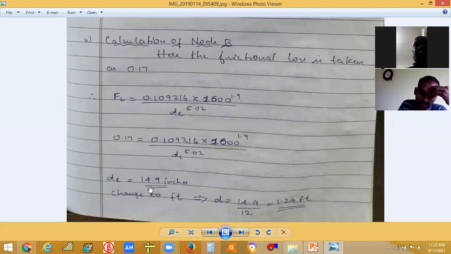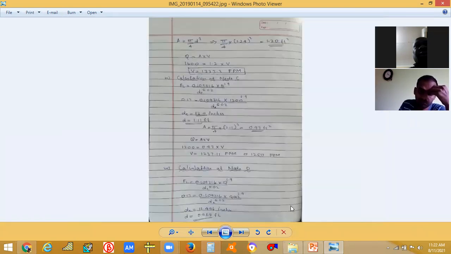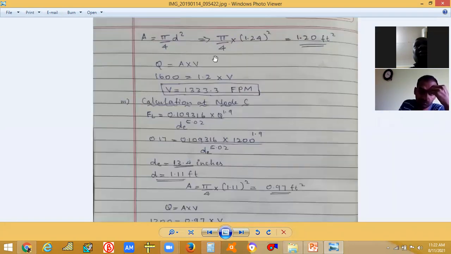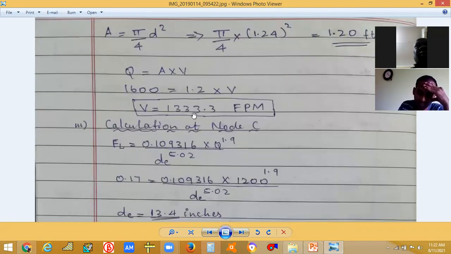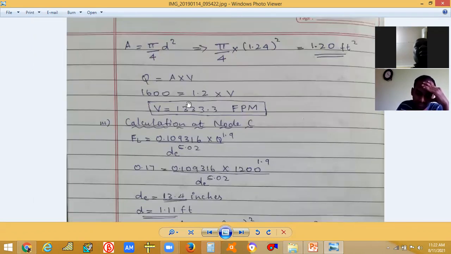We are reversing it. We got Di, now change to feet by dividing by 12. From there you will be getting Q is equal to A into V, 1600 is equal to 1.2 into velocity. From there you will be getting velocity as 1333 FPM. Whether you are getting this, and when you are writing in the tabular column, round it and write it, okay?